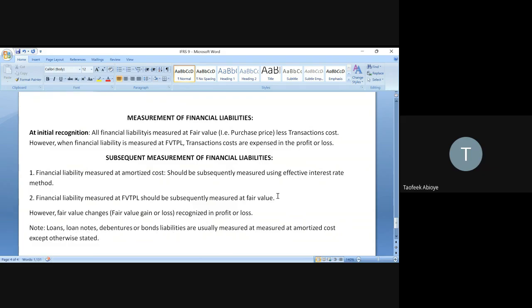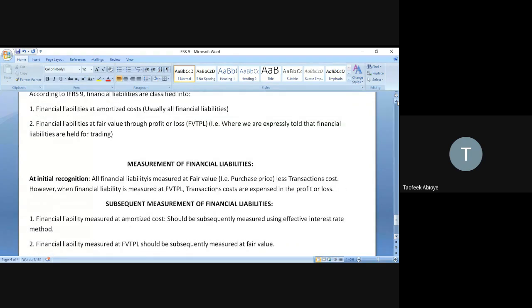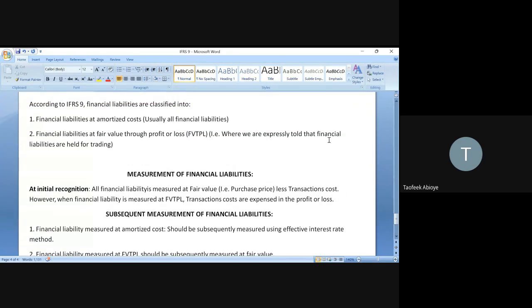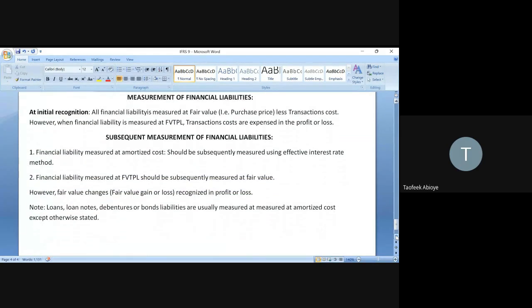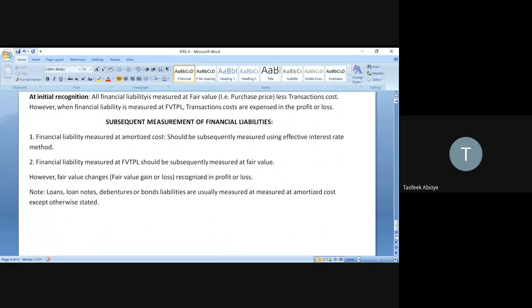And except otherwise stated means that if the examiner says they are held for trading purpose, where we are expressly told that the financial liability is held for trading. So financial liabilities are usually measured at amortized cost, and that is the end of financial liability. The rest are derivative financial assets and hedge accounting, which is not something we can discuss.